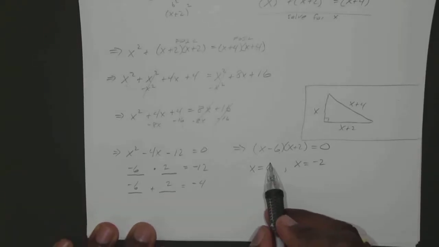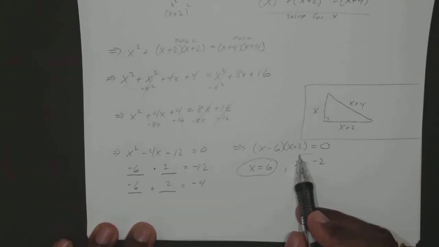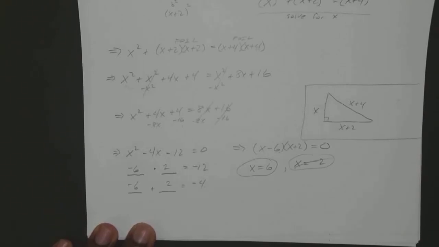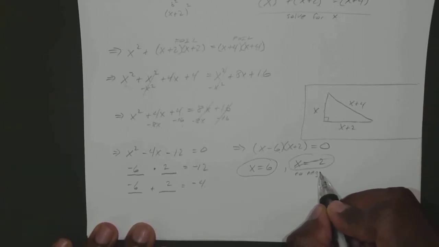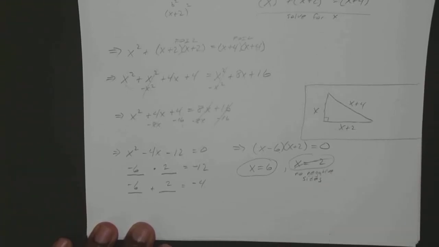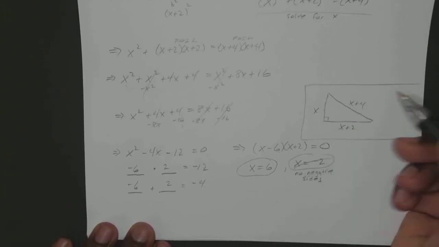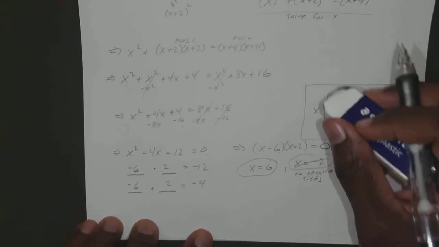Okay, so we know x is equal to 6. It can't be equal to negative 2 because it can't have a negative length. Okay, so we know that x is equal to 6. Might as well put x equals 6.